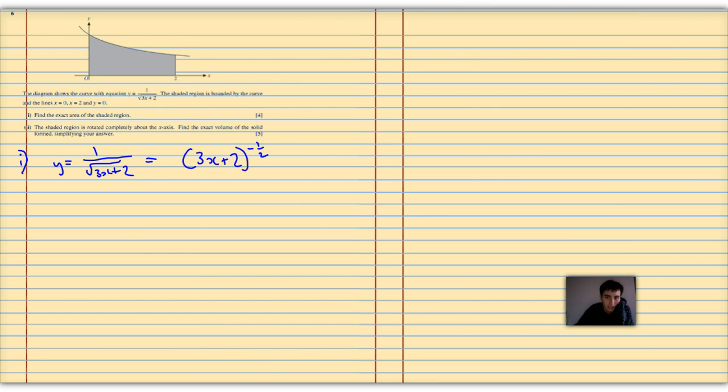Okay, so to find the area, integration. That's right, area here equals the integral between 2 and 0 of the negative square root of 3x plus 2. The negative half, integrated with respect to x.